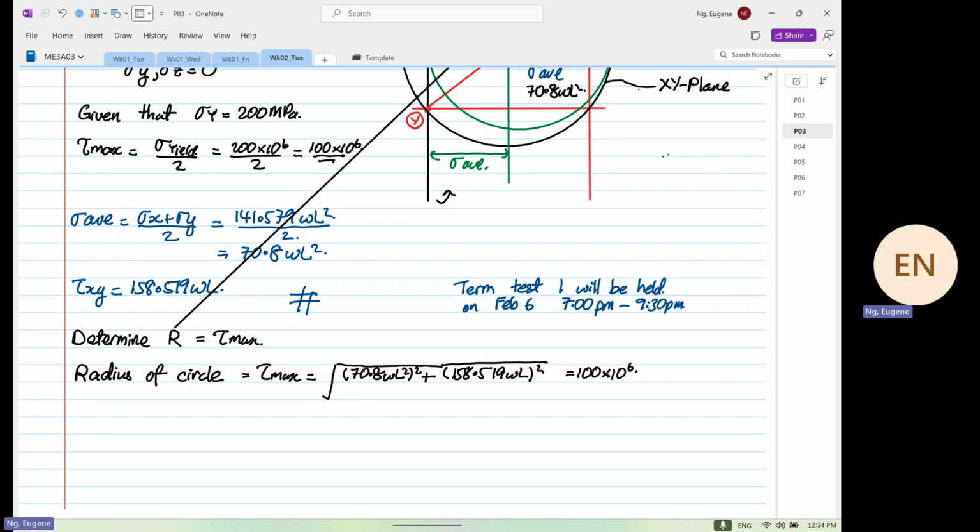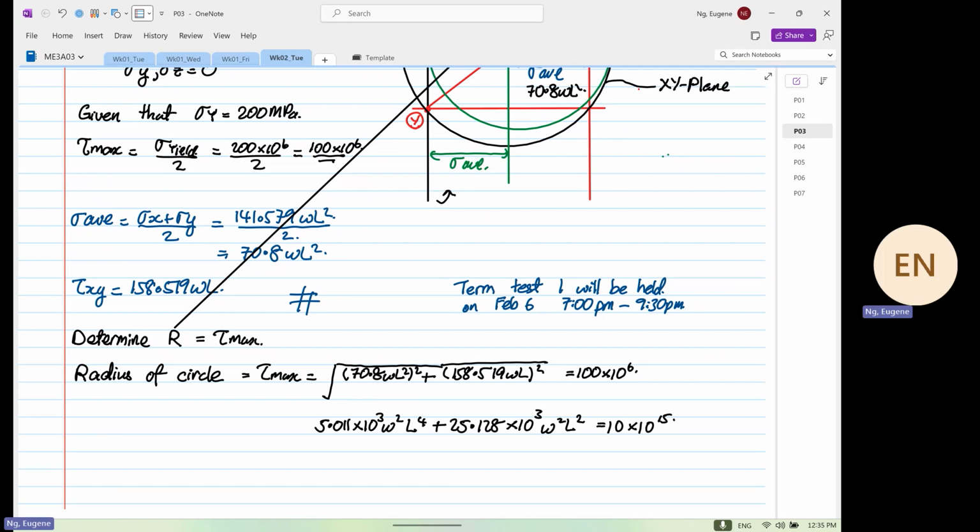What you will get over here is 5.011 times 10 to the power 3 omega squared L to the power 4, plus 25.128 times 10 to the power 3 omega squared L squared, and this is equal to 10 times 10 to the power of 15. So this is the form that we get.